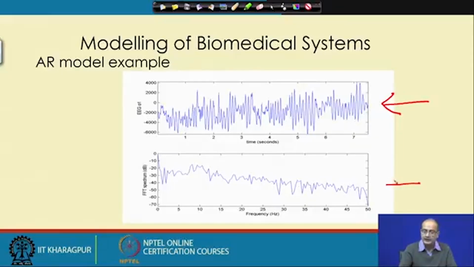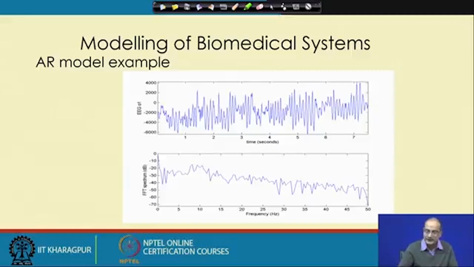The corresponding FFT or periodogram-based spectrum is given here, and the periodogram gives a cleaner view than the autocorrelation function of where the signal energy is concentrated.